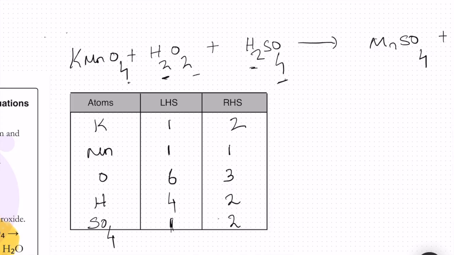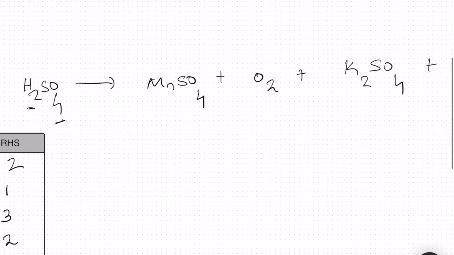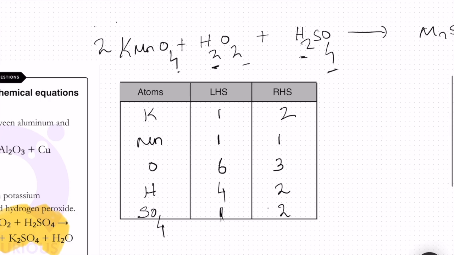Let's try and balance the potassium atom here. If we were to balance the potassium atom, we need to multiply on the LHS by 2, which gives us 2 potassium and 2 manganese and 8 oxygen, which once again translates to what?